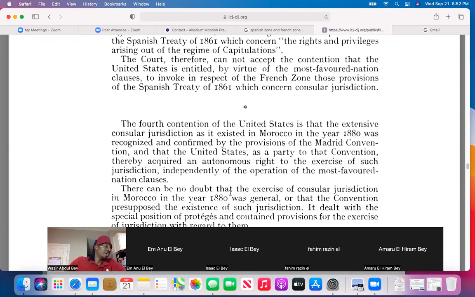The United States, they trying to invoke a treaty that they ain't got nothing to do with, which is the Spanish Treaty of 1861. But France tried to invoke the Treaty of Peace and Friendship, and they ain't got nothing to do with it. So y'all see, in other words, they're going back and forth using Moroccan laws to make their case.